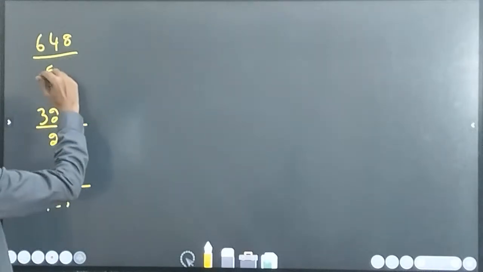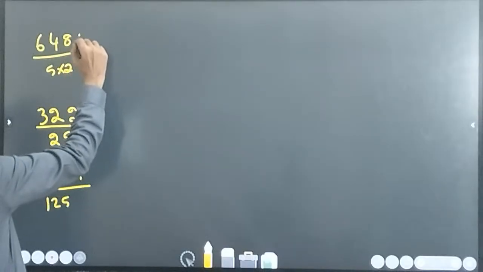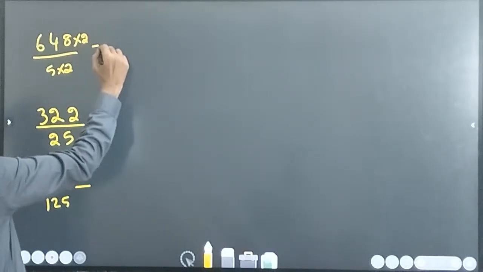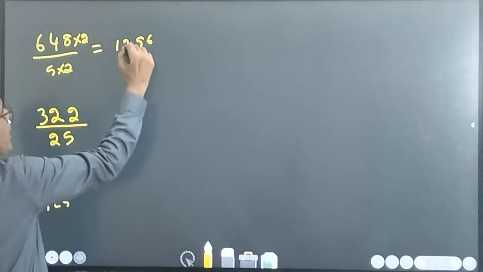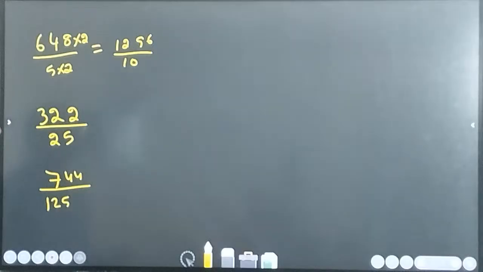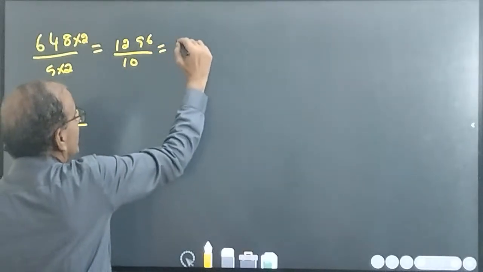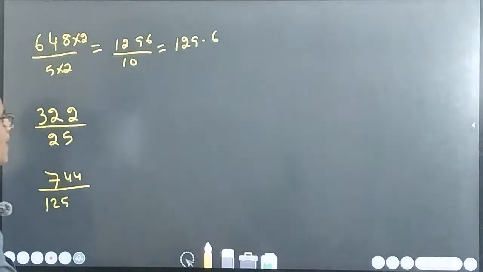What you do? You convert this one into 10, multiply by 2. This also you multiply by 2. How much it will come? 1296 divided by 10. 10 is there. That means what is the answer? 129.6 is the answer.